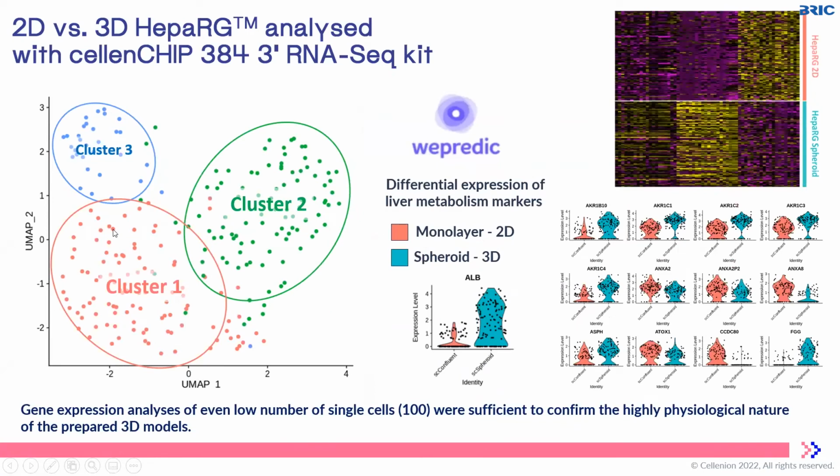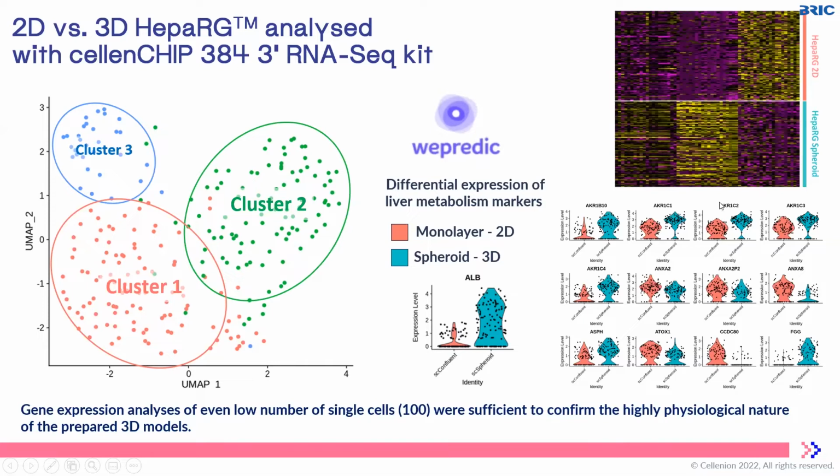With this little kit, we did some experiments. This is one of the first experiments we did, where we compared the same cell line grown in 2D versus 3D. These are HepaRG cells, widely used in the pharmaceutical industry for hepatic toxicity studies. We wanted to see if, even with a very low number of cells analyzed, about 100 cells for each condition, 2D versus 3D, we could see differences in gene expression.